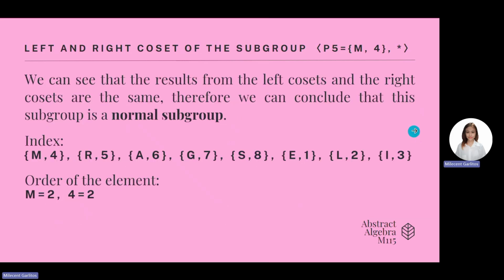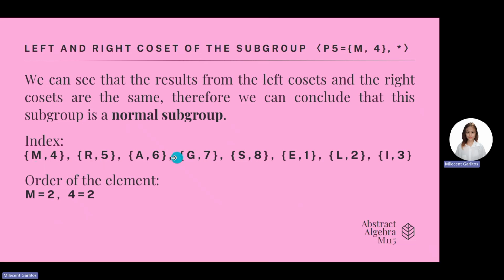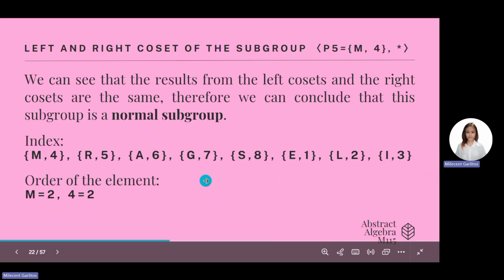Therefore, we can conclude that this subgroup is a normal subgroup. The index would be M4, R5, A6, G7, S8, E1, L2, I3. And the order of the element would be M is equal to 2 and 4 is equal to 2.